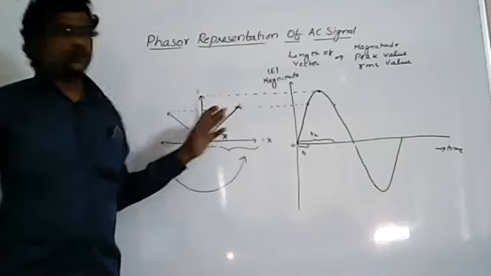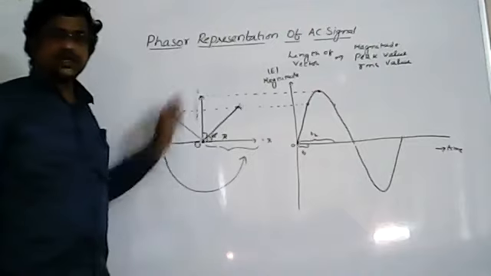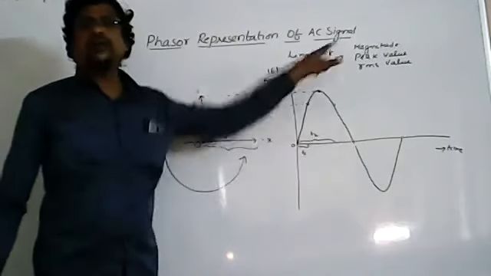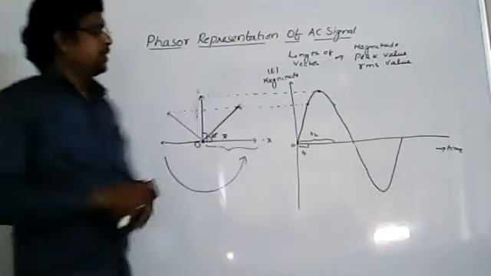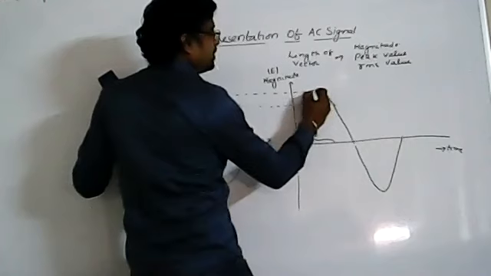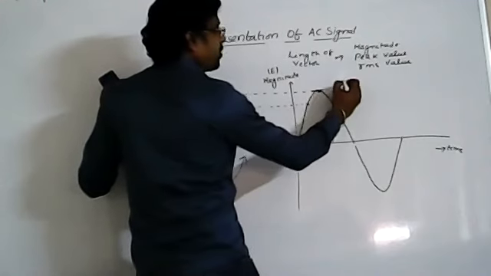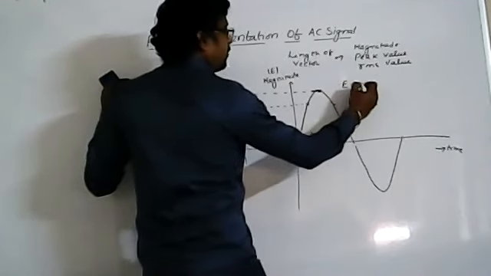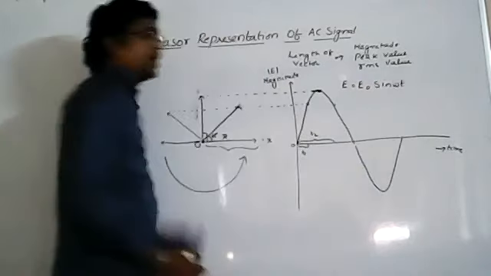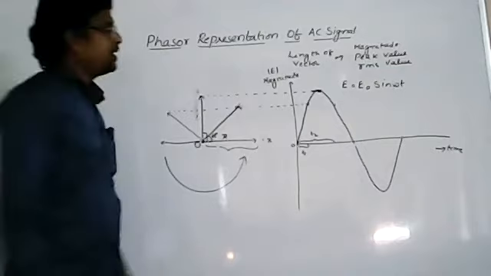If it is rotated in clockwise direction, I will get the negative cycle first, then the positive. So here, this is the maximum point. If I recall the general equation of an AC signal, E is equal to E naught sine omega t.